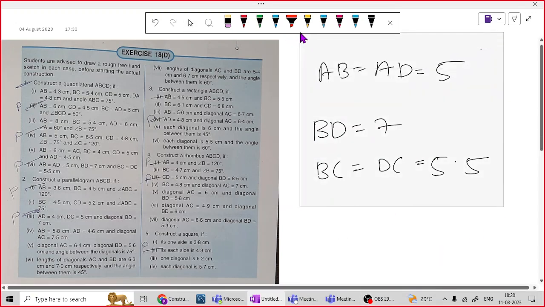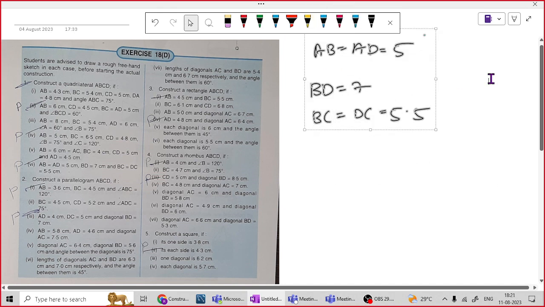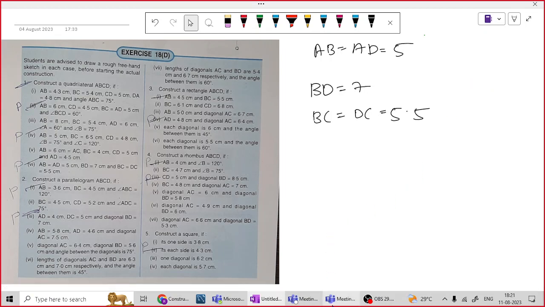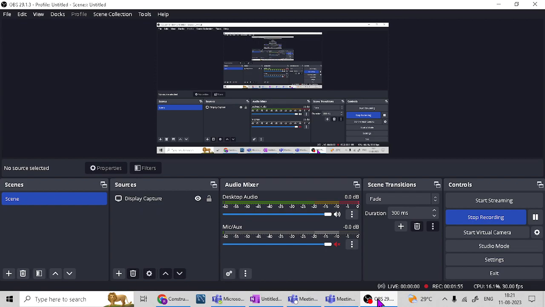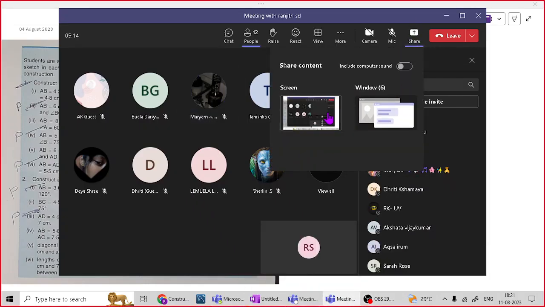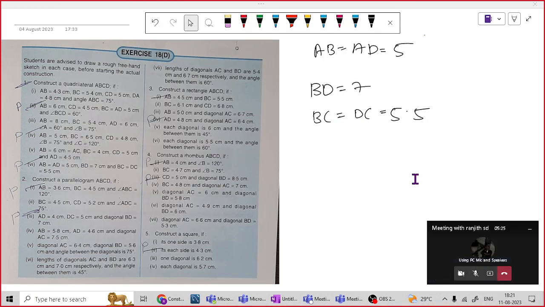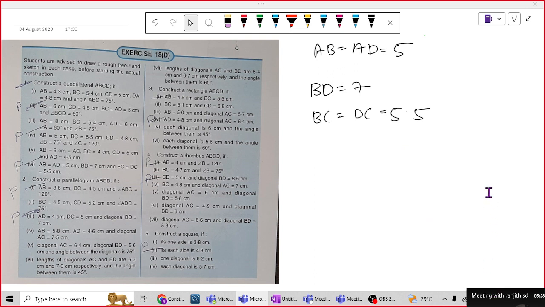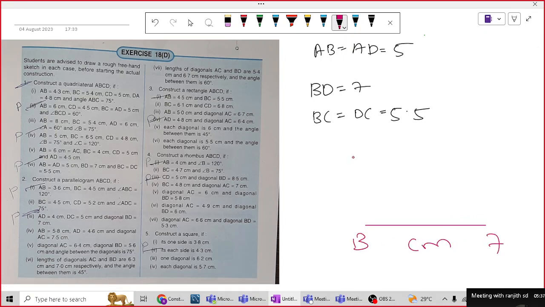Draw a 7 centimeter line. Is any angle given here? No, sir. So when an angle is not given, just draw a line and make use of the compass. So draw a 7 centimeter line. This is BD. BD is 7 centimeters.